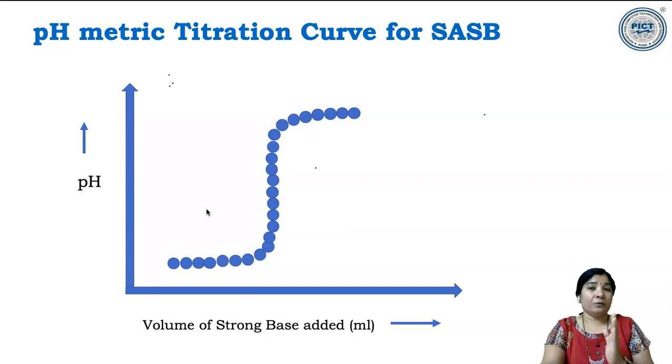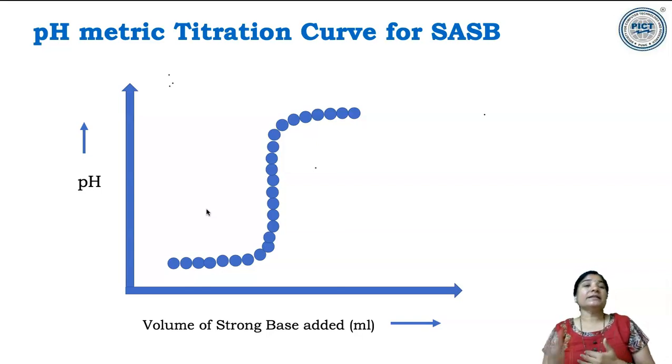Suppose it were a mixture of weak acid and strong acid, then we would see two inflections, one for strong acid and the other for weak acid. But in the case of strong acid, strong base, only one inflection is seen.